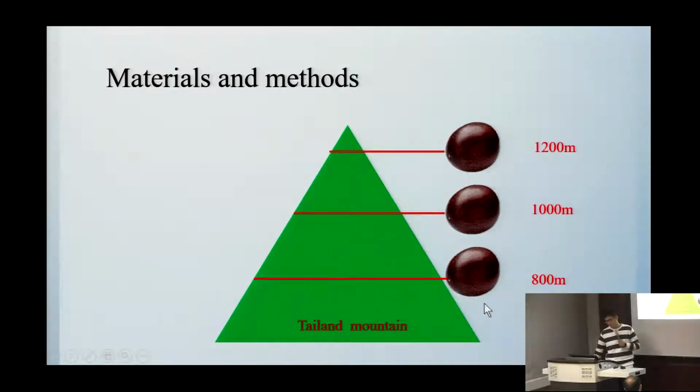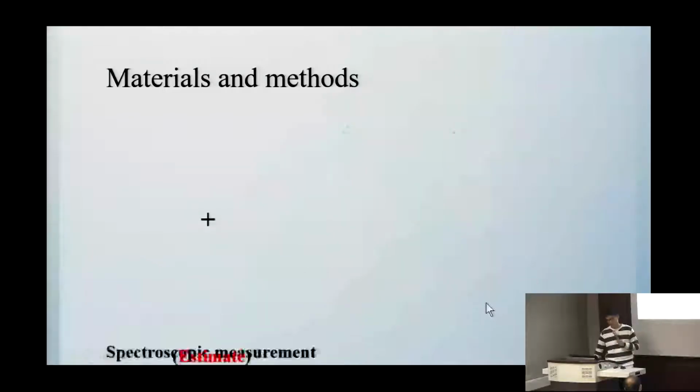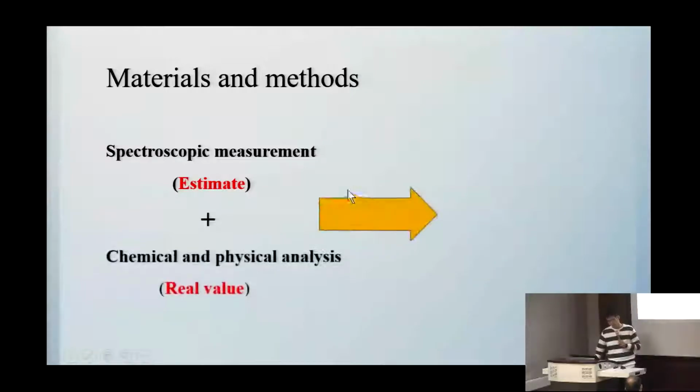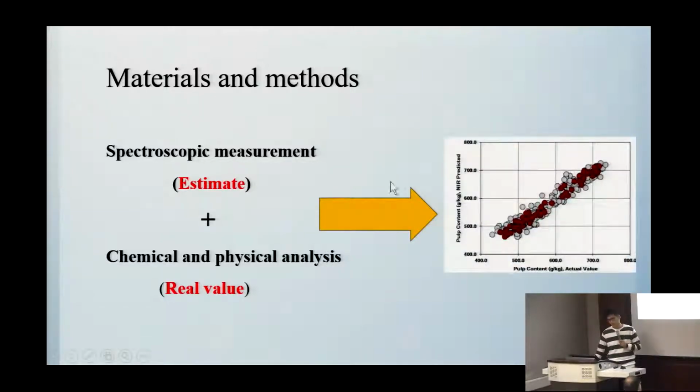Then we use the near-infrared method as a non-destructive test to get an estimated value. Then chemical and physical analysis gives a real value to find a relationship between them. Then we can get a model from both of them.